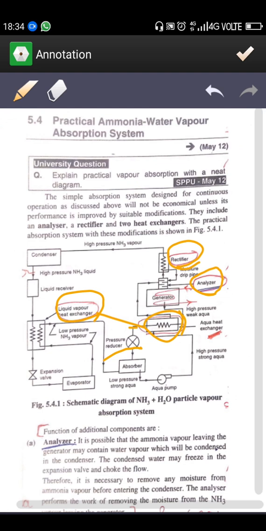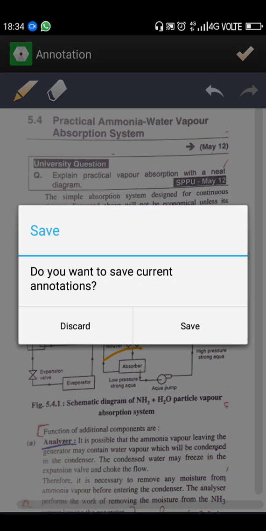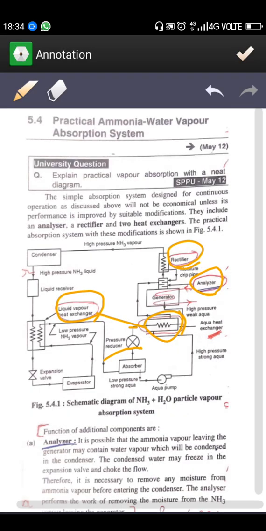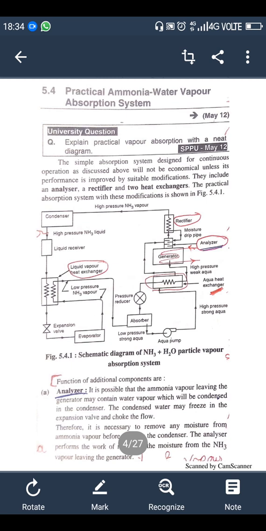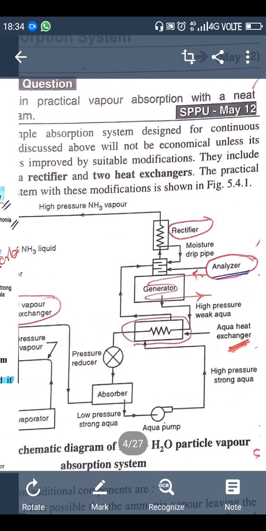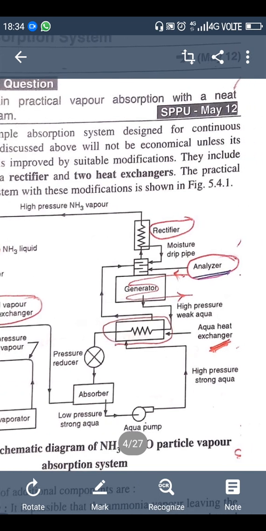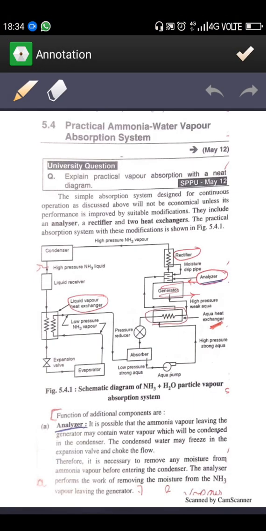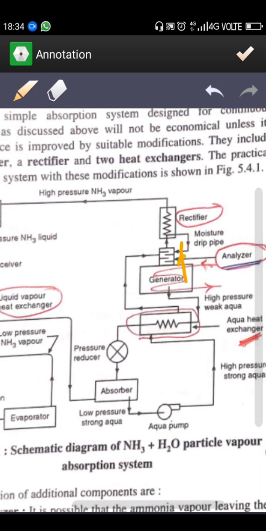Discussing these extra parts, I already explained that after the generator, if some liquid is going along with the ammonia vapor by this upward way, then there is one component we are joining here, the analyzer, which restricts the liquid refrigerant from going along with the vapor ammonia.